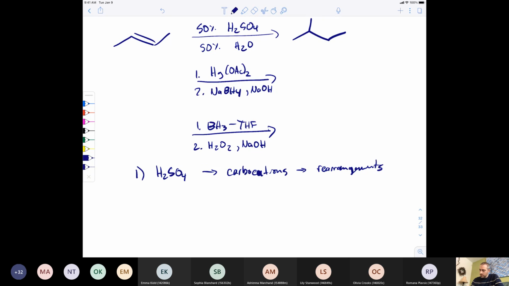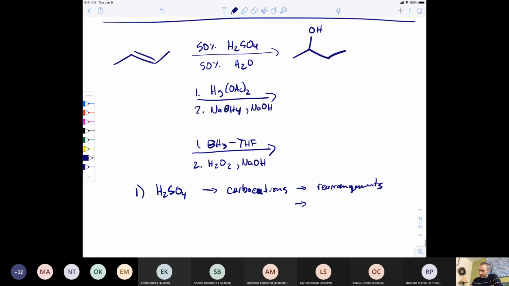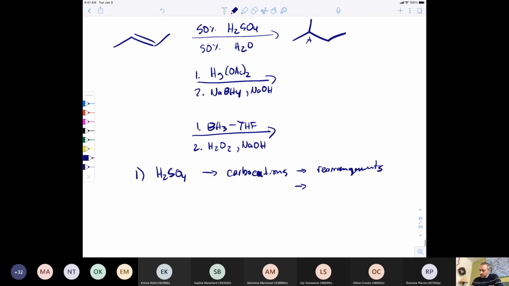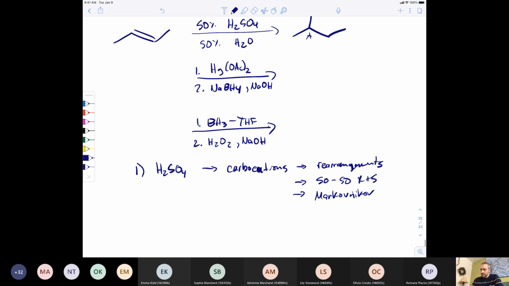You can also, if you're making a chiral center, which you are in this case, get a 50-50 mixture of R and S. The addition is Markovnikov, and it's not syn and it's not anti. So we'd say it's not stereospecific.